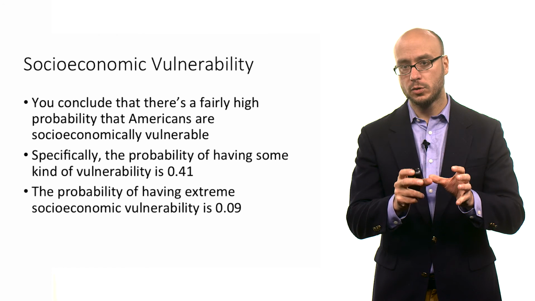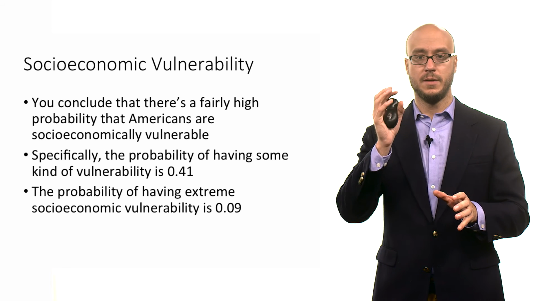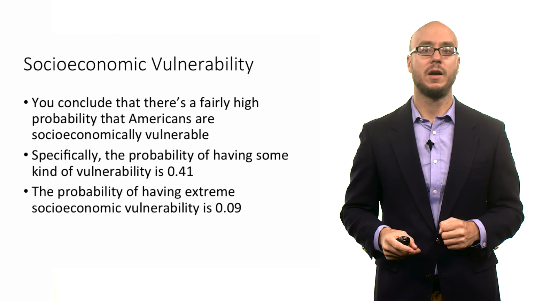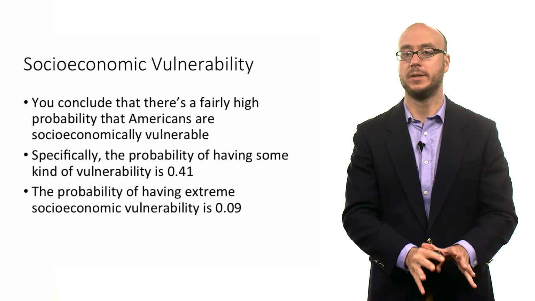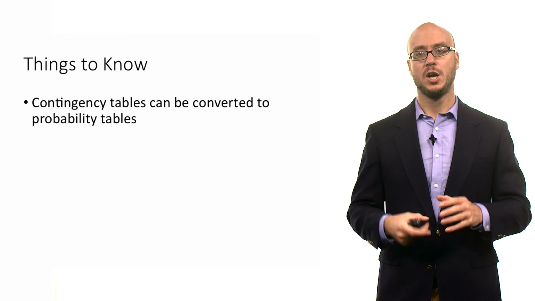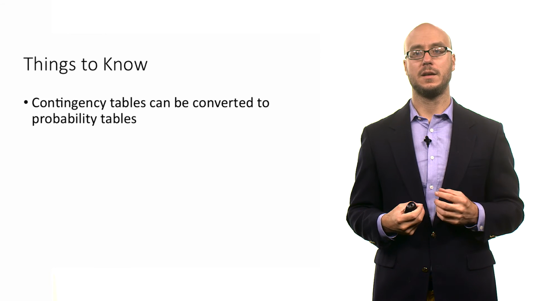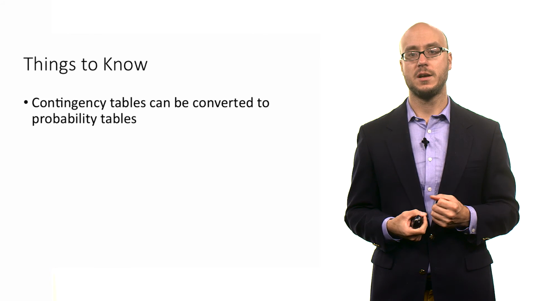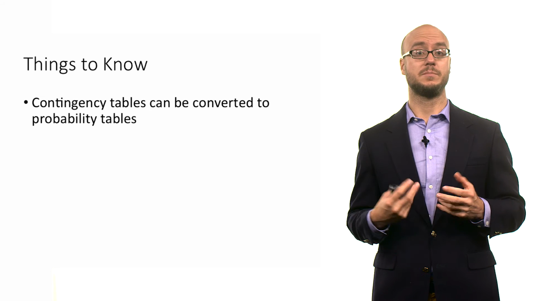But that extreme vulnerability, the probability of being poor and having no health insurance, is a lower probability. It's about 0.09. So we can see at this point, by treating a contingency table as a probability table, as a set of empirically derived probabilities, we're able to make conclusions about some important aspects of the world around us.